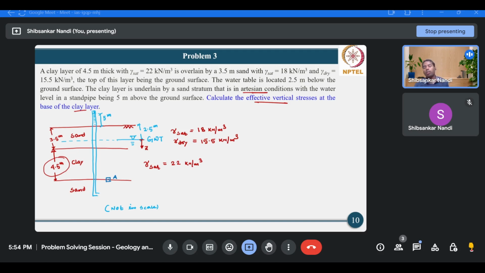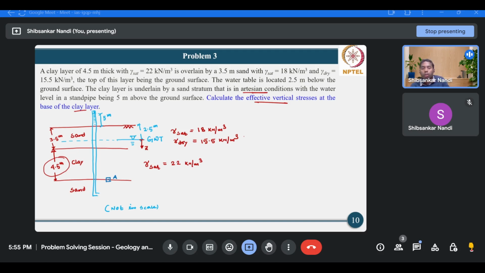Now, if you go for the calculation of effective stress at any location except the base in the clay layer, then it will be the usual value. It means you have to calculate the z from the groundwater table location and multiply that z with the unit weight of water to calculate the pore water pressure at that level. And for sand above the groundwater table, the pore water pressure will be simply 0.